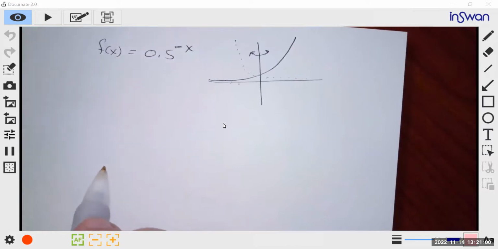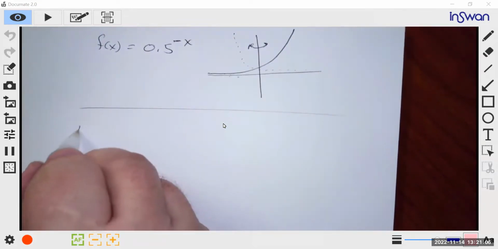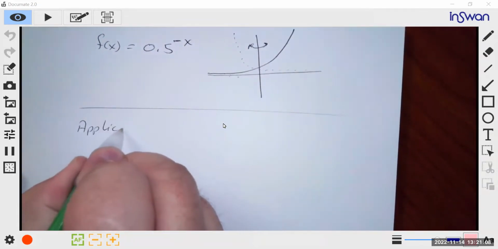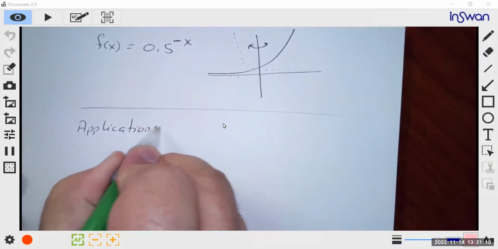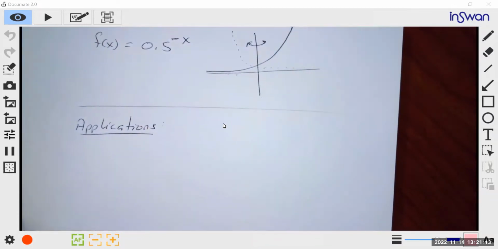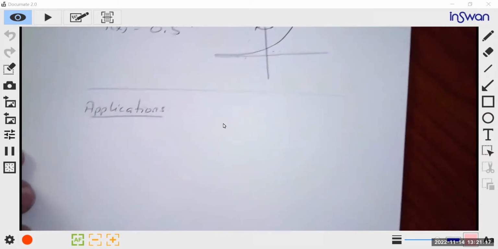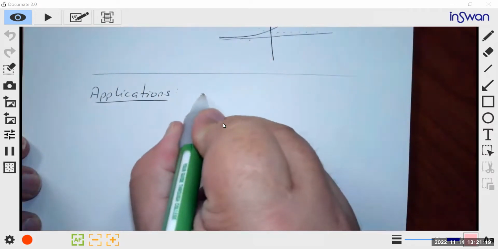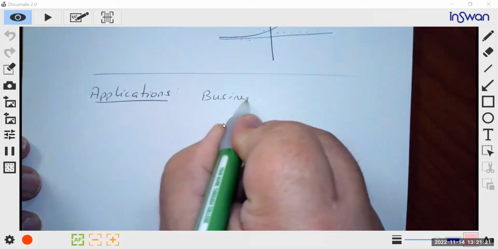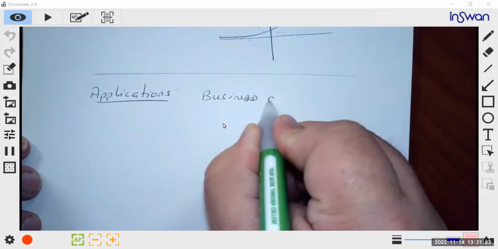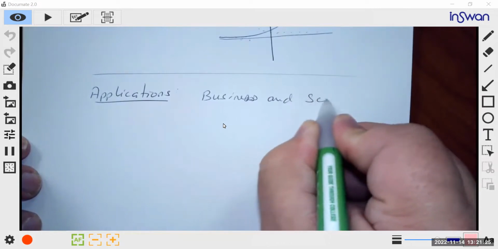Let's look at some more examples here. The most common applications for exponential terms are in business and science.